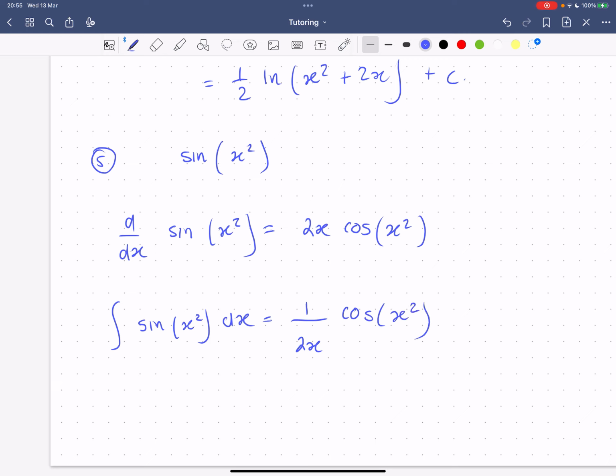However, since the differentiation of sine is positive cos, the integral of sine is going to be negative cos, because we're doing the opposite function. If you then differentiate this, the differentiation of cos becomes minus sine, and that minus will cancel with the second minus here and become positive sine.